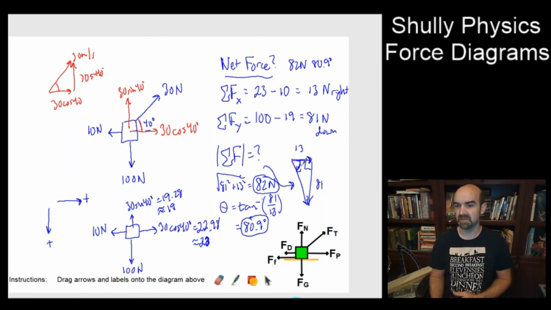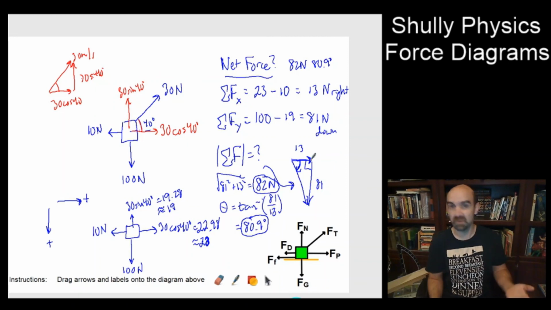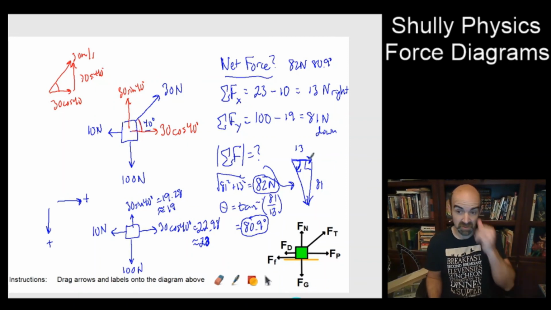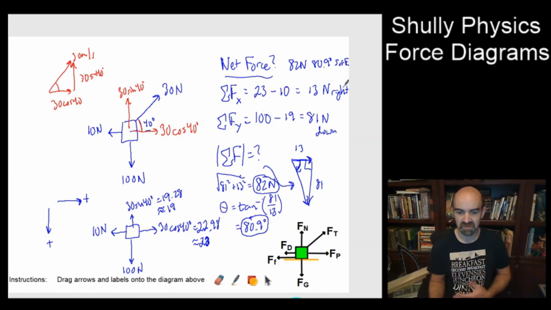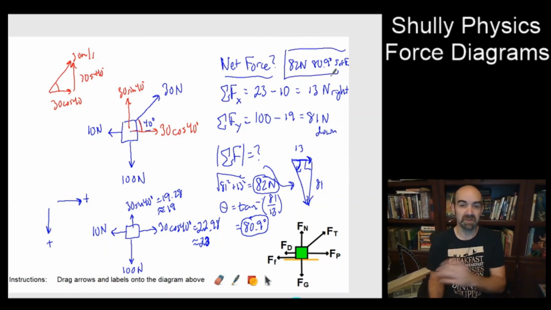East is one of those standard directions. I could also say 80.9 degrees downward from the horizontal. That's another weird way to say it, but since I didn't really have a starting direction here, I'll just say south of east. S of E is what that says. South of east. And that would be the net force of that crazy construction that I just made up in my brain.